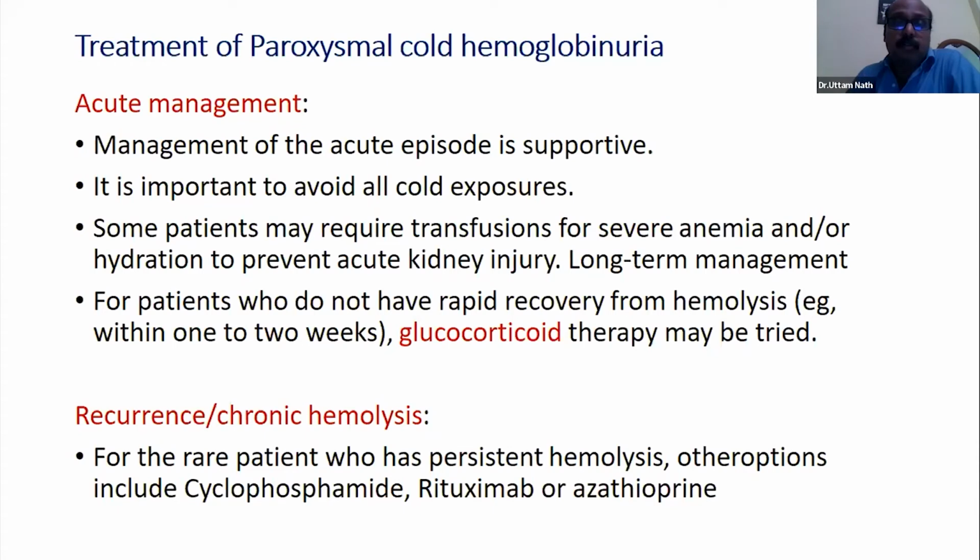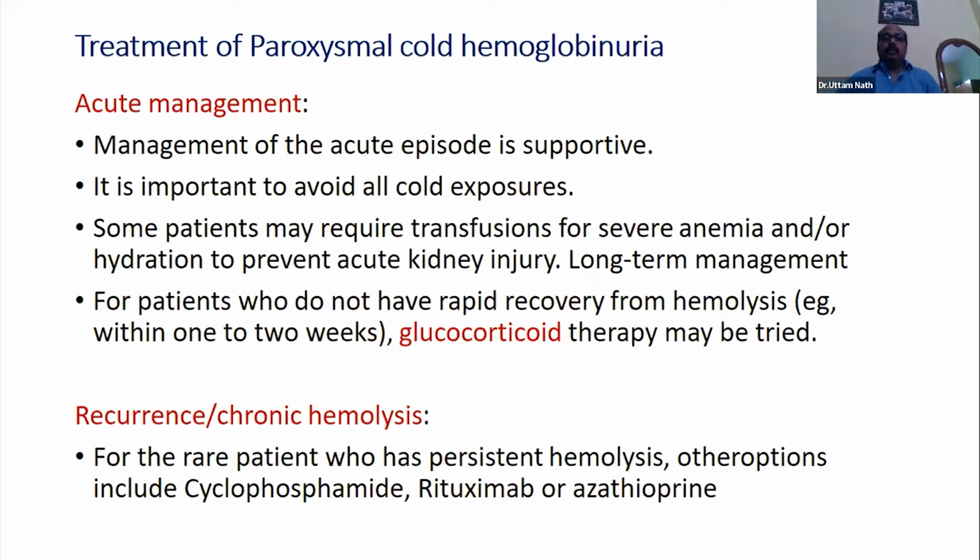Whether we should always treat them like warm AIHA. See, cold AIHA will usually either be asymptomatic, or if it is symptomatic, there will be RBC autoagglutination, and often there can be some monoclonal paraproteins like IgM, or there will be evidence of indolent B-cell lymphomas.